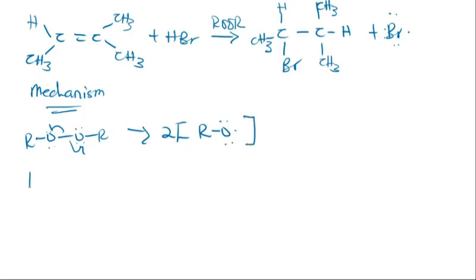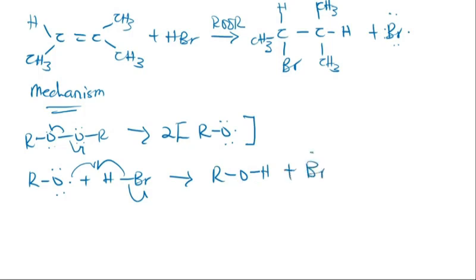Once we have the radical, this radical will now react with hydrogen bromide, and if this happens, one of the electrons over here will react with this electron, breaking the other electron onto the bromine. So we have this, which is technically an alcohol, plus a Br radical. Okay, so this radical now goes to initiate the reaction. So we have our alkene with CH3 doubly bonded to CH3.